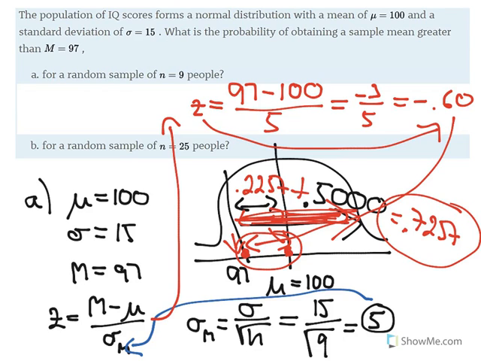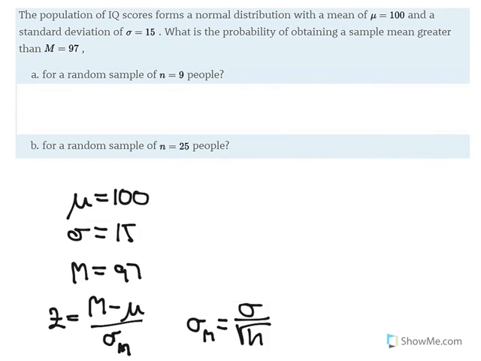And for B, we're doing exactly the same thing. You can just see now that it's saying for a random sample of 25. So we increase our sample size. So for B, everything else stays the same, just our N increases. So now we still have the 15, but now N is 25.